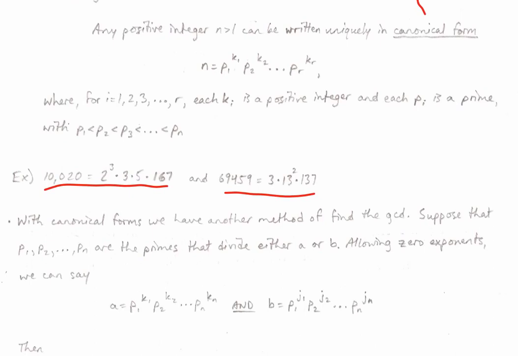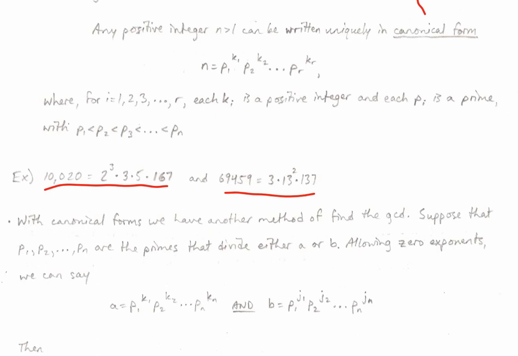And with canonical forms, we now have another method of finding the GCD of our two numbers A and B. So between A and B, you are going to have certain primes, P1, P2, P3, all the way up to and including Pn.